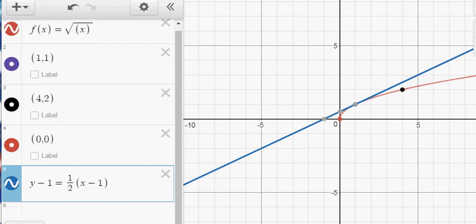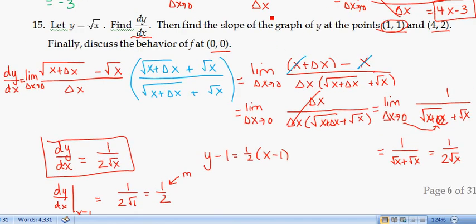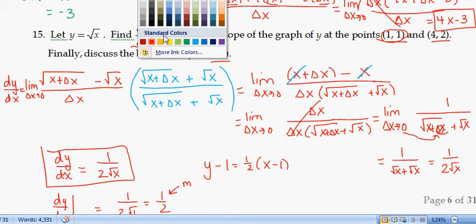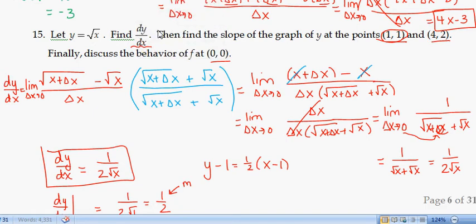So that's good. Now let's go back. Now let's look at the slope at the point (4, 2). Okay, so let's find dy/dx at the point when x equals 4. So I'm using it like a little subscript, x equals 4. So that's going to be 1 over 2 times, remember, the square root of x, so square root of 4 here.